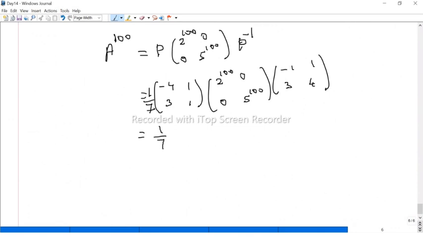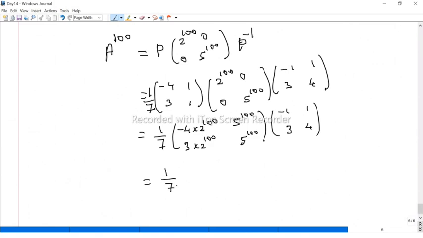We can take the product, so we can easily find it. This is nothing but 1/7 times, first multiplying these two matrices. What you get is: -4 times 2^100 and 0, here 0 and 5^100, and 3 times 2^100 plus 0, here 0 5^100, times [-1 1; 3 4].